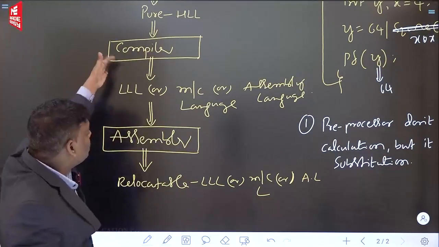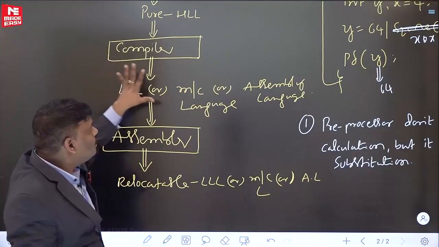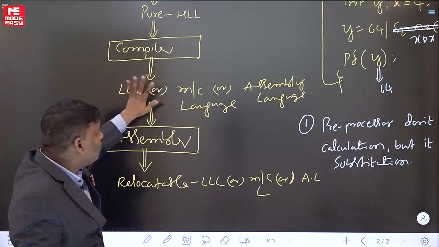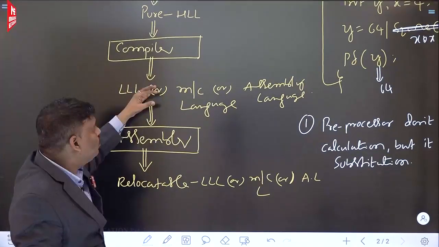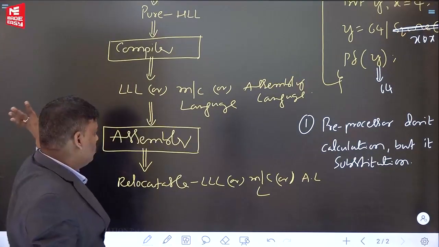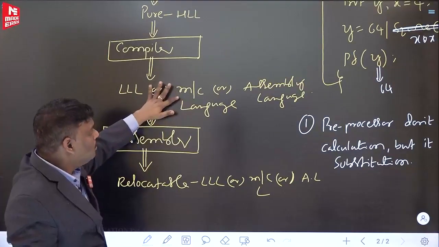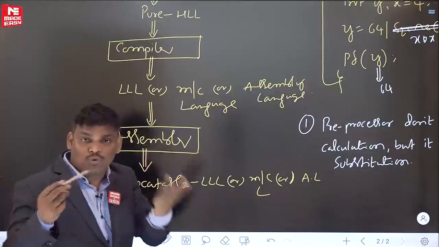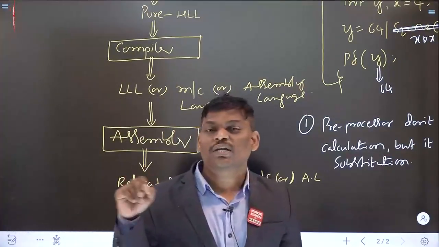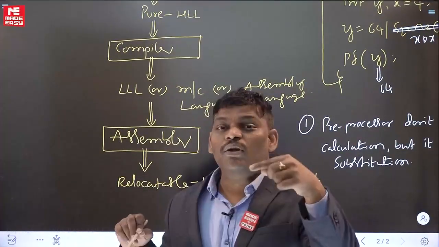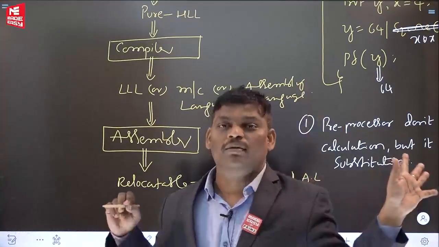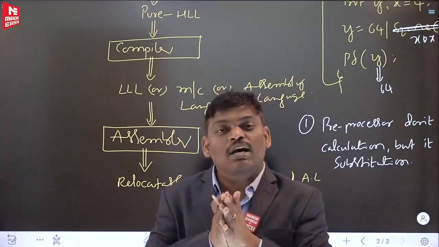Listen, after compilation is over, you got the assembly language, machine language or low level language, it's okay. But one thing, you cannot move this code wherever you want. Some people are asking me, first of all, why should I move? Initially the code is there in the hard disk.